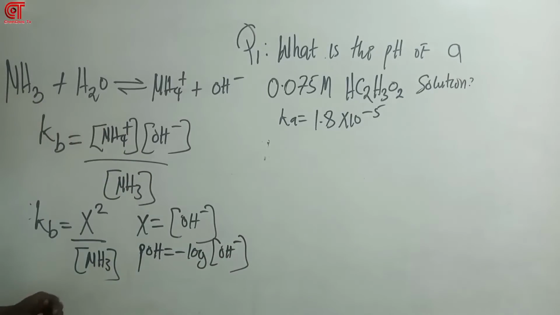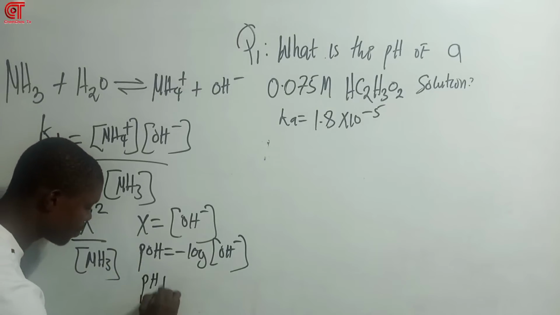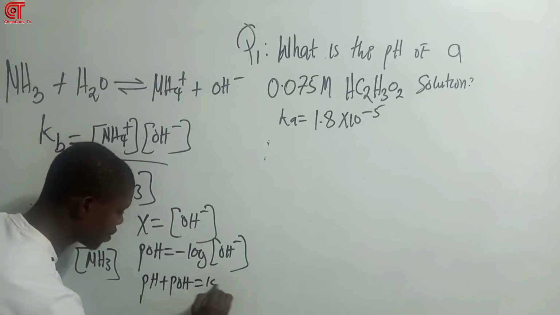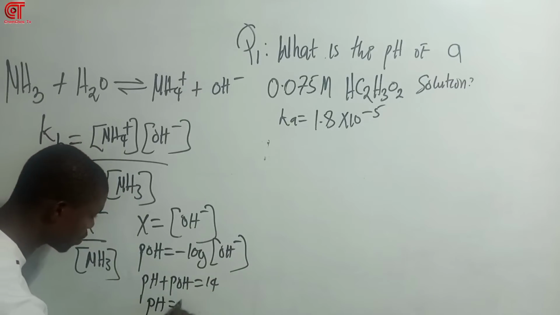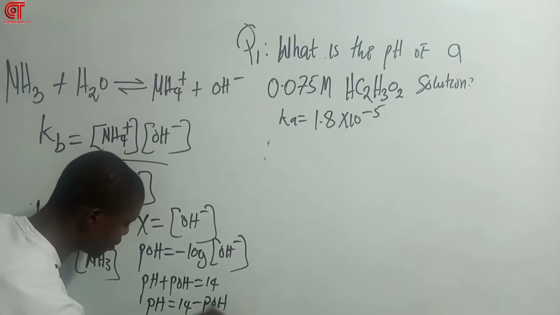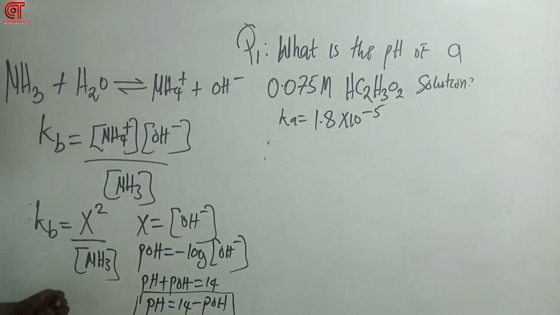After getting my pOH, I use the formula pH plus pOH equals 14, so pH equals 14 minus pOH.